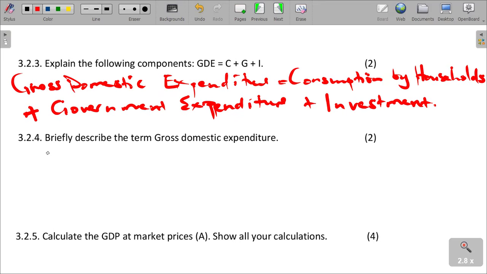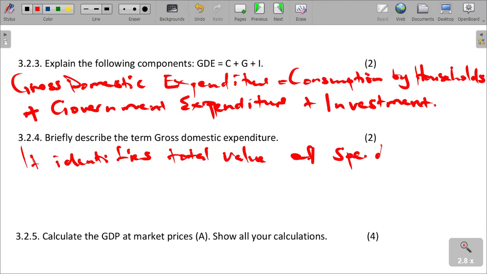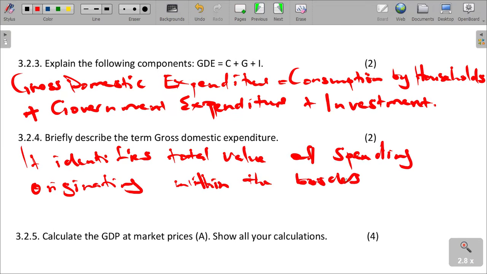It identifies the total value of spending originating within the borders of a country.